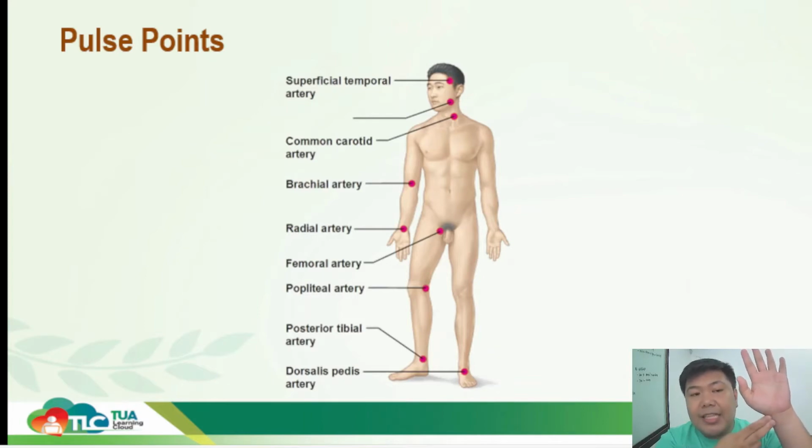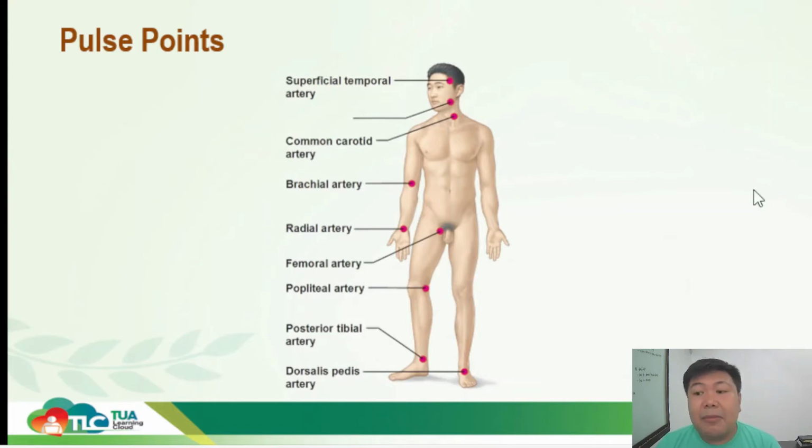That's your radial artery. Another common pulse point in movies is the common carotid artery, right? When you try to palpate here at the bottom of the angle of the jaw, no? Usually in movies, that's where they palpate for the pulses.